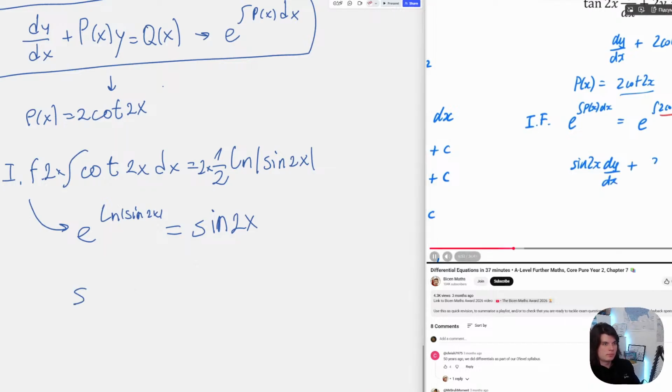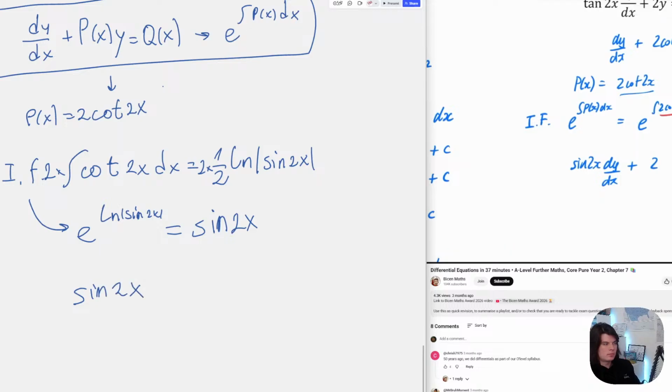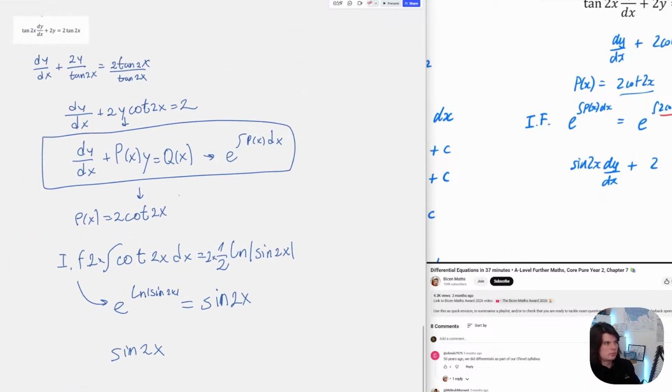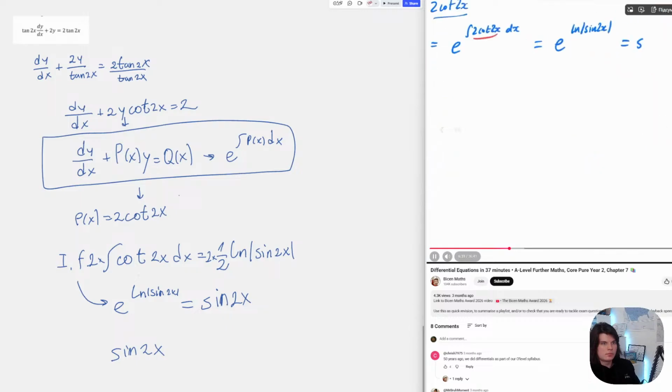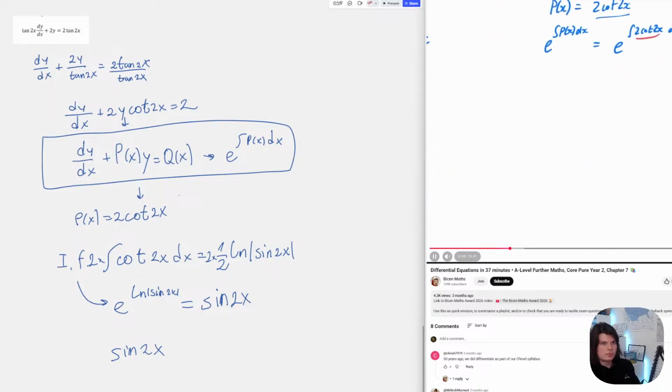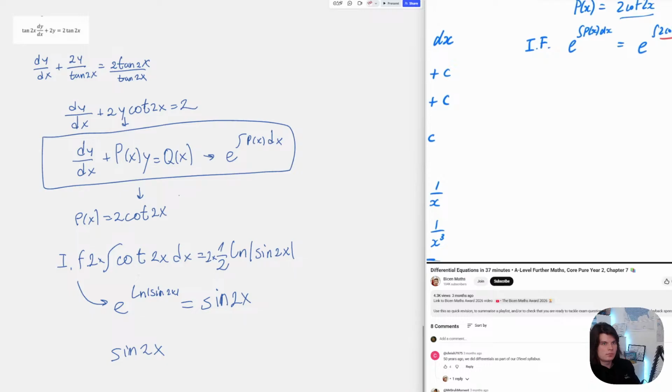I'm just going to write cot 2x down as it was originally. So we just get that it is sine 2x. So this is the integrating factor.